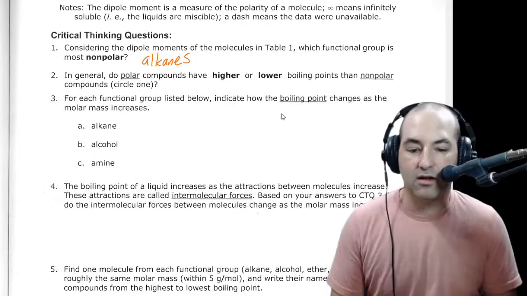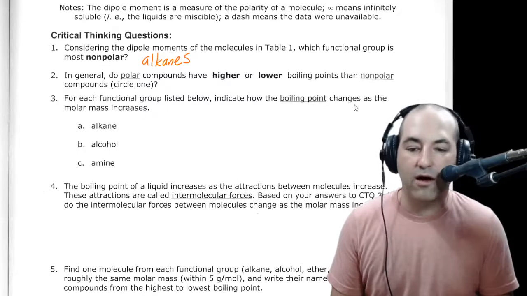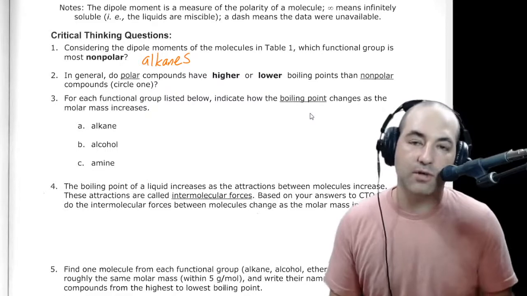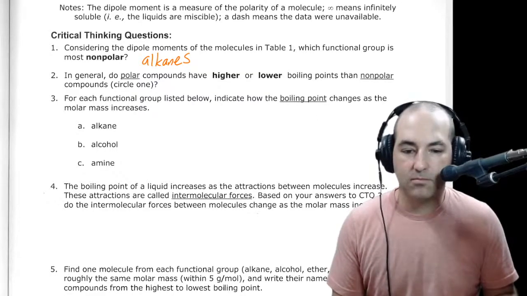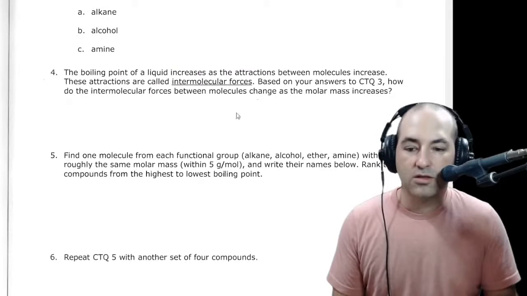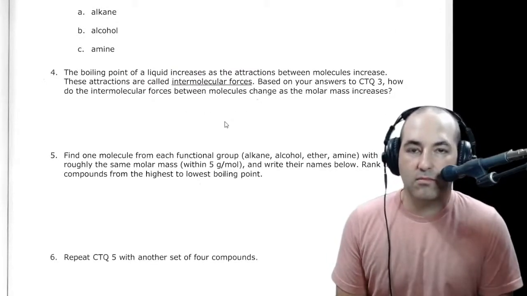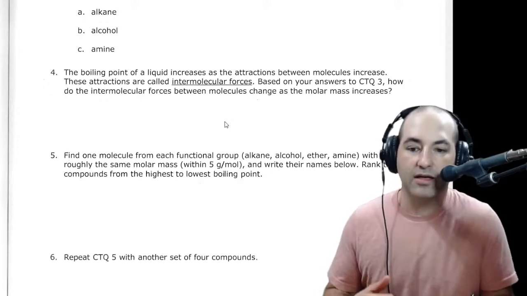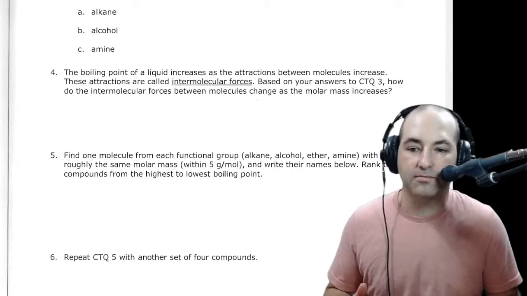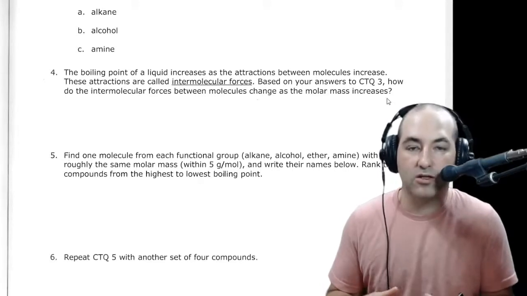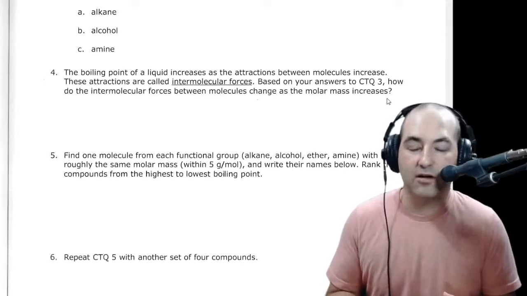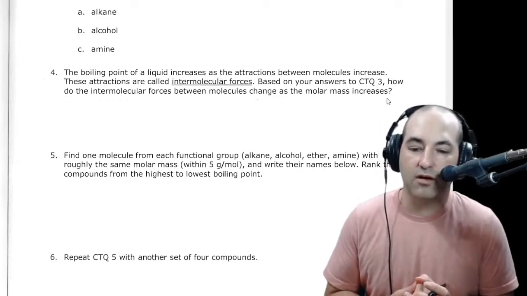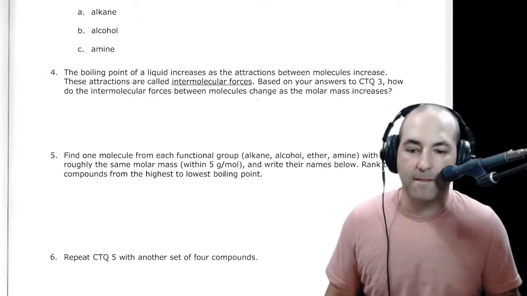Then within the molecules themselves, we want to know how the boiling point changes as the molar mass increases. Again, you go back up to that table, and you should be able to see a pattern. So what this all ends up being about is attractive forces between compounds. As the compounds have stronger attractive forces, that affects their boiling point, and also their water solubility in some cases.